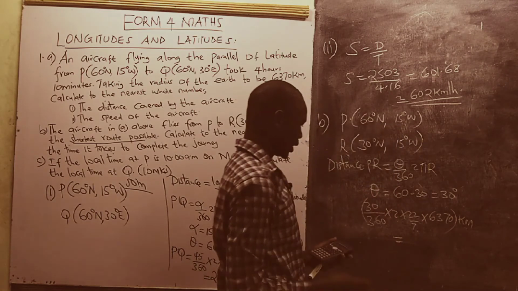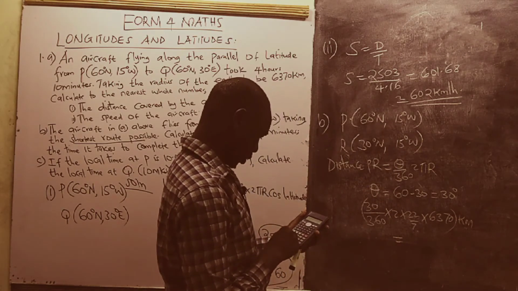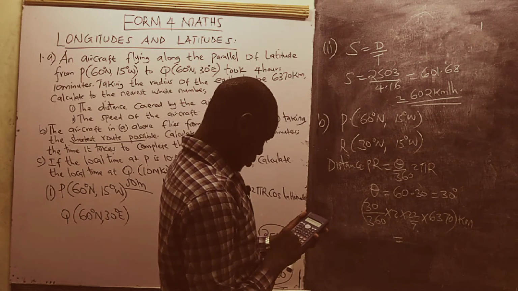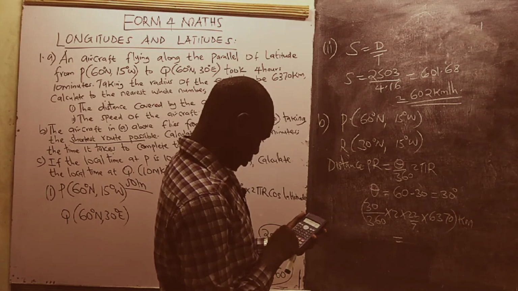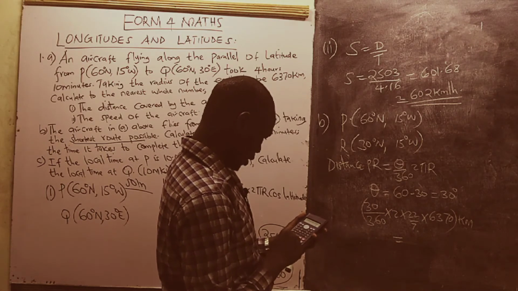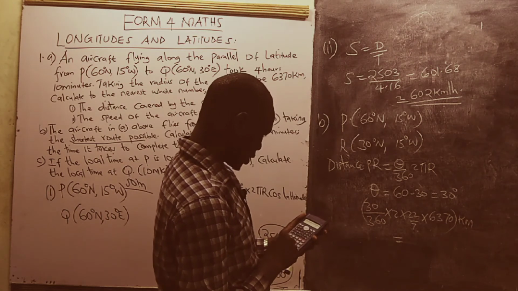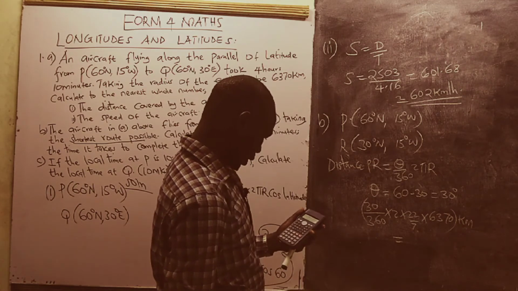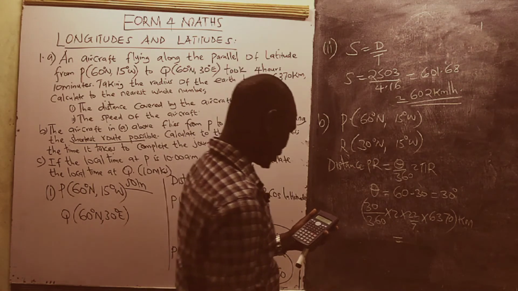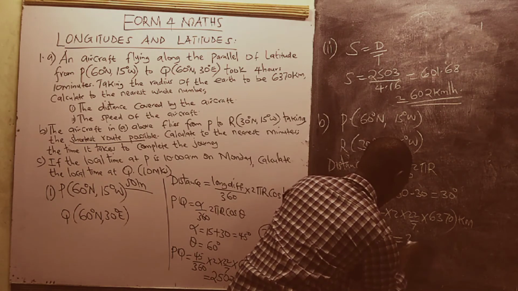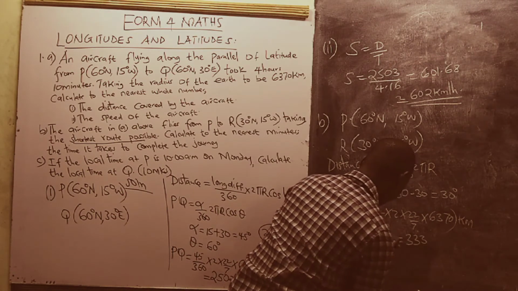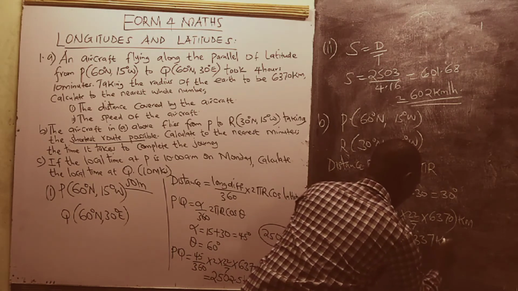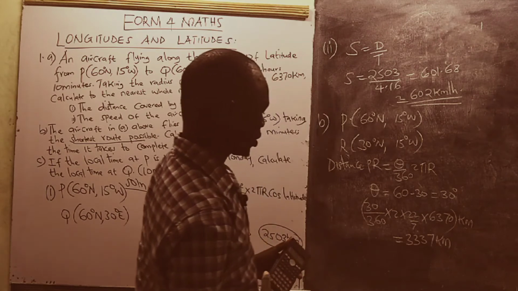So if you work that out, it is going to be equal to 30 divided by 360 times 2 times 22 over 7 times 6370, which is going to be 3336.67, which is 3337 kilometers, correct to the nearest whole number.